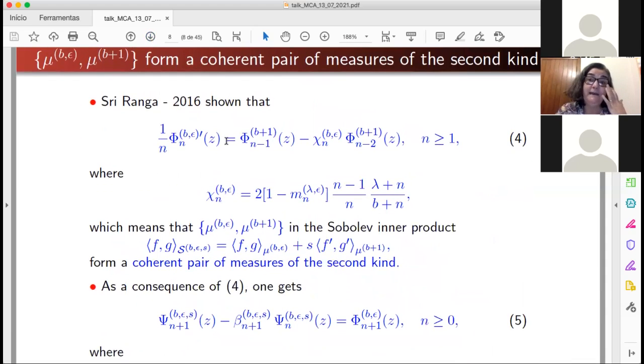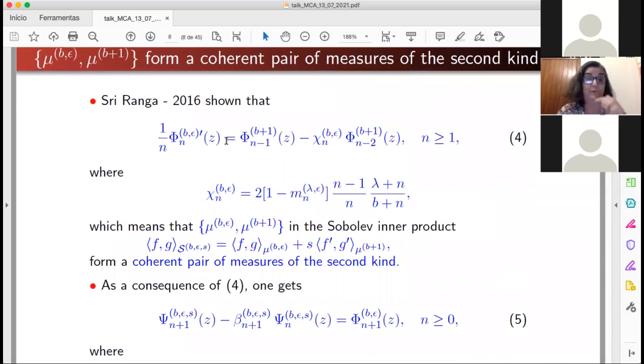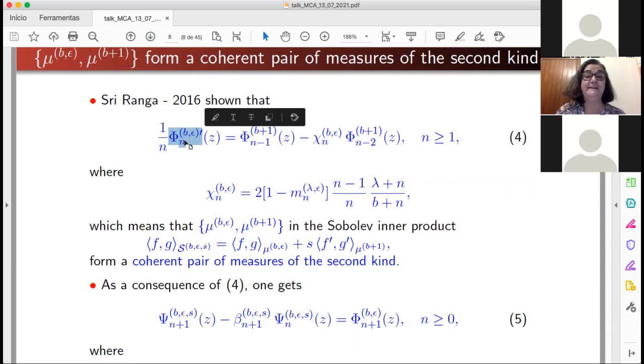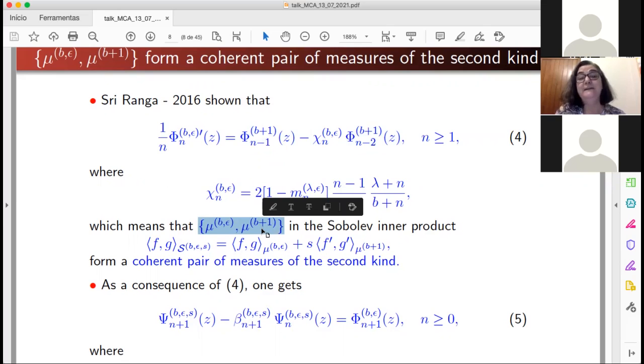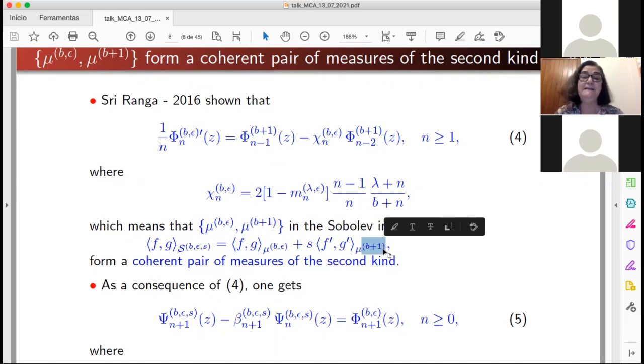Okay, let's come back to the unit circle and the coherent pair of measures of second kind. In this paper, actually, it was proved that the derivative of the orthogonal polynomial with respect to mu b epsilon can be written in terms of the orthogonal polynomials of mu b1. So mu b epsilon and mu b1 form a coherent pair of second kind, because they are exactly the measures used in the Sobolev inner product on the unit circle.